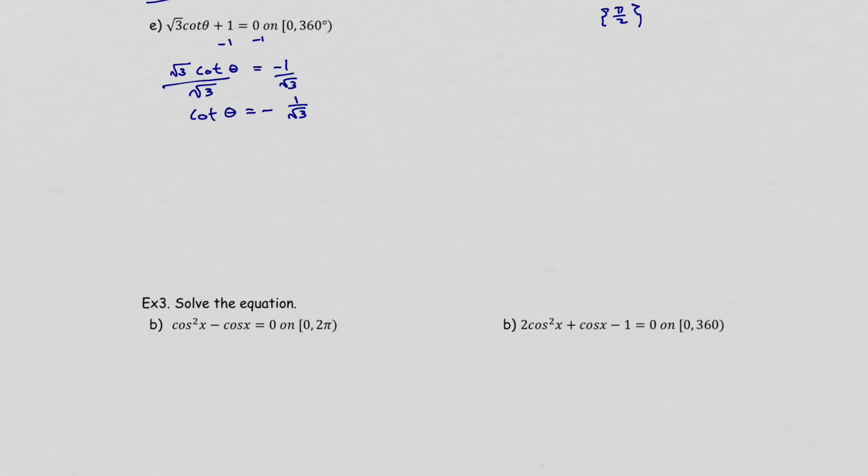So if we can rewrite this into tangent, that will be easier. And by rewriting cotangent to tangent, you want to flip the value also. So it will be square root of 3 over 1, right? And that's negative square root of 3. In order to find theta now, we're going to multiply both sides by tangent inverse.